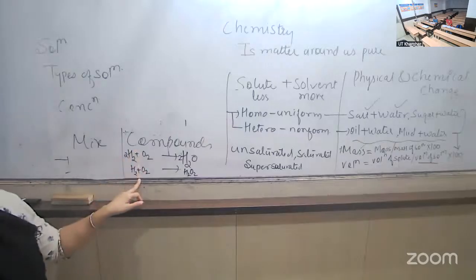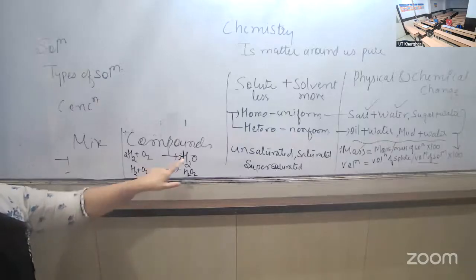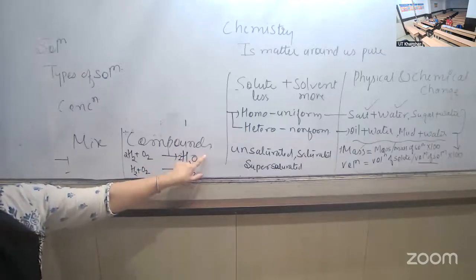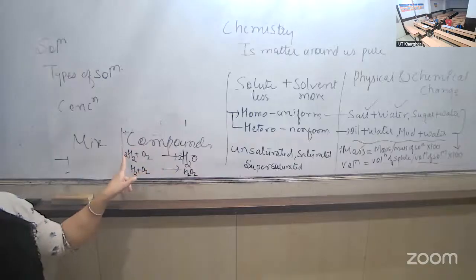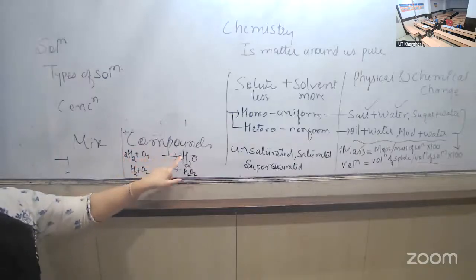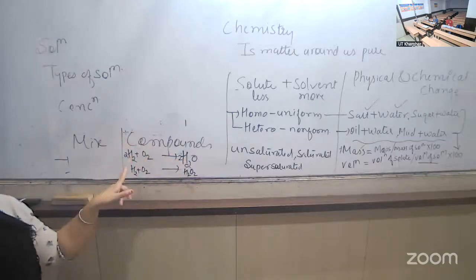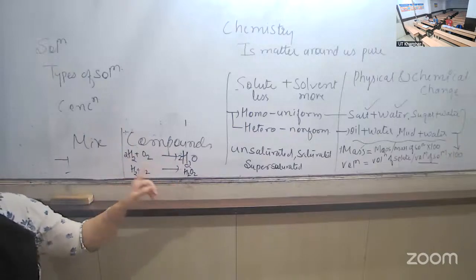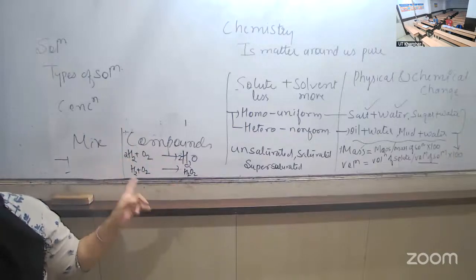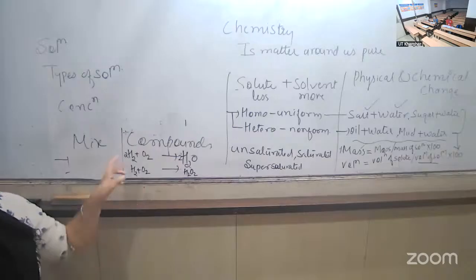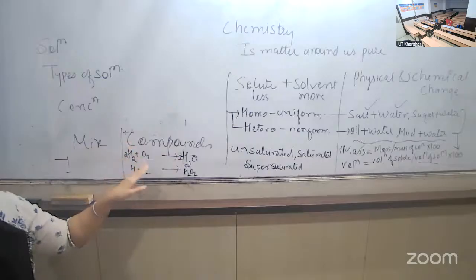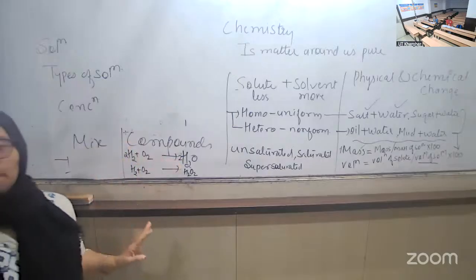Atoms of the same element combine in different proportions to form a new compound. So by 2H2 plus O2 you will get 2H2O. But using H2O2 you will get hydrogen peroxide. Understood now? So your composition is changing. With a difference in composition, a new compound is formed.